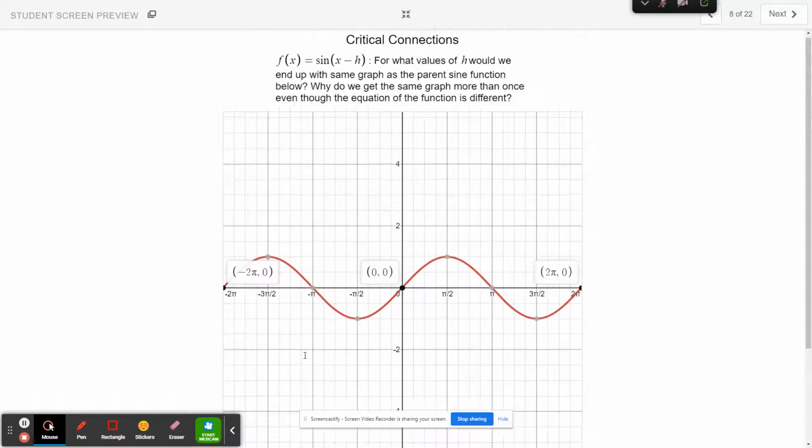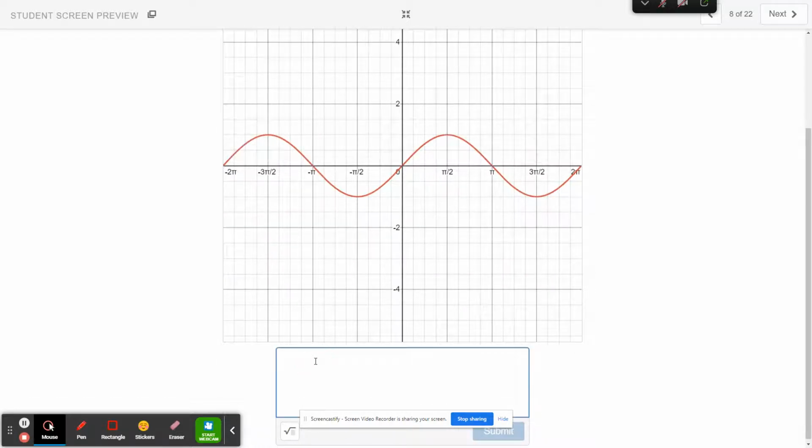Or I could actually write h equals 2k pi, where k is an element of the integers. That would work.